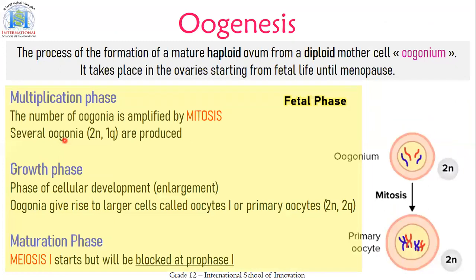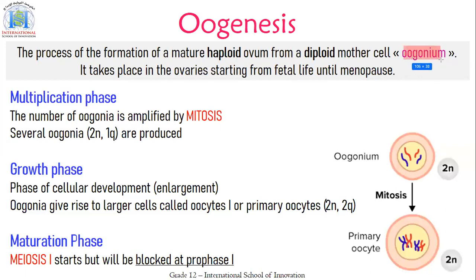and we will tackle these phases in detail in this video. So at the beginning, let me remind you that oogenesis is the process by which an oogonium, which is the diploid mother cell, will undergo several processes to produce the haploid ovum.